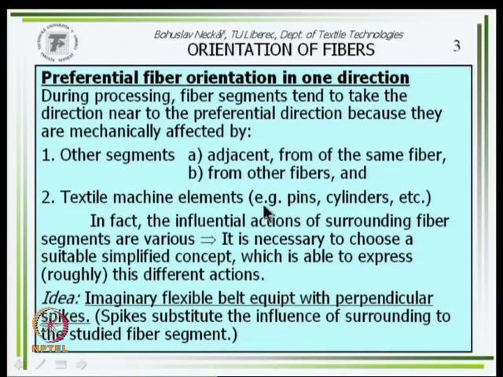So it can be other segments or adjuncts from the same fiber or from other fibers. And also, of course, the textile machine elements, different pins, cylinders, and so on and so on.